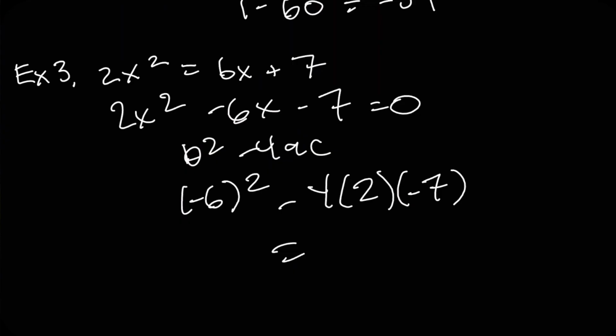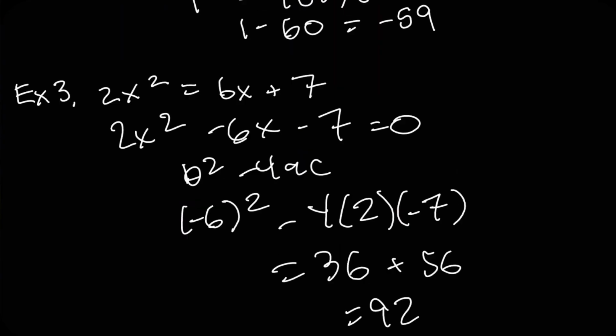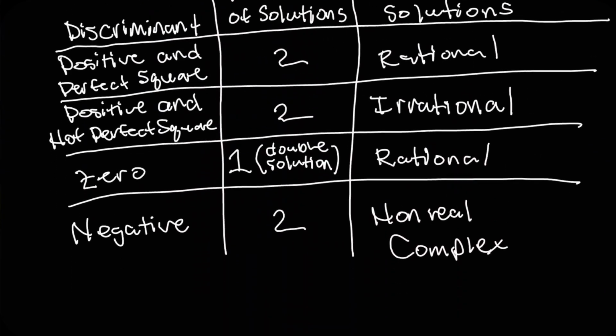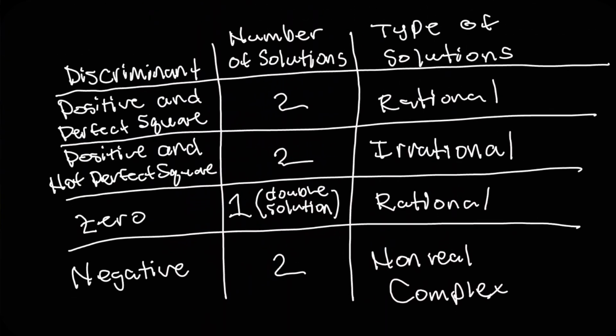That will give us 36 plus, because it's negative 7 times negative 4, 56, or 92. 92 is positive, and in this case, it is not a perfect square, so we have two solutions, but they're going to be irrational.